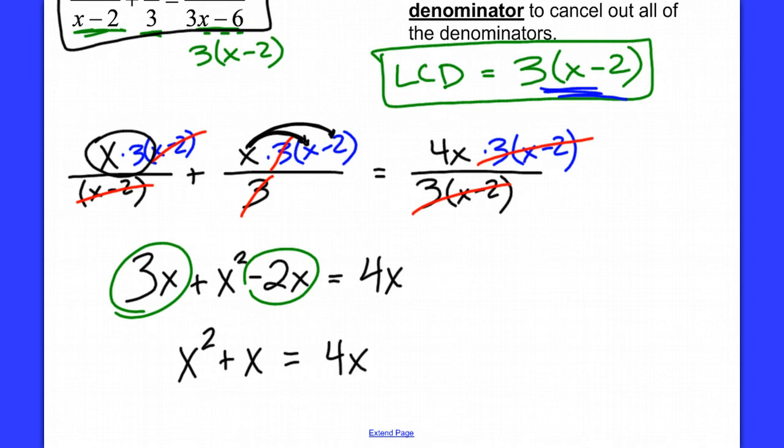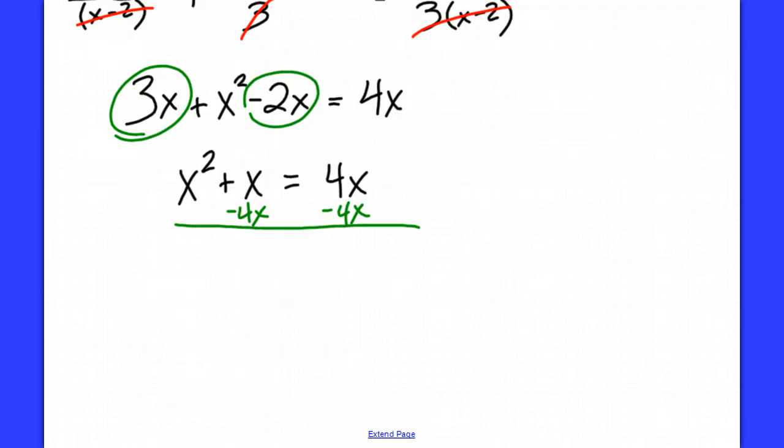So our next step would be to get everything over on one side, and we've got the x squared on the side we like, so we'll subtract the 4x over there, and that's going to leave us with x squared minus 3x is equal to 0.